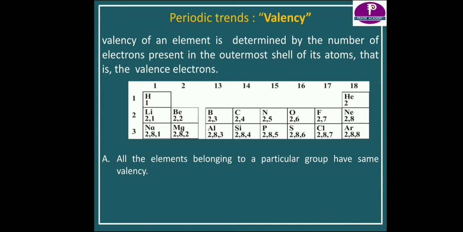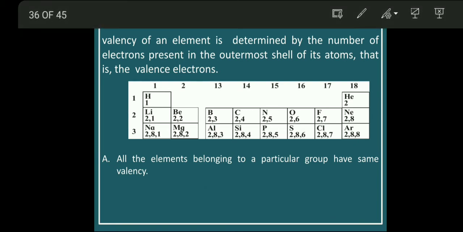Now if we go by period, consider the first period. Here hydrogen has 1 electron, helium has 2 electrons. In the second period, lithium has 1 valence electron, beryllium has 2, boron 3, 4, 5.